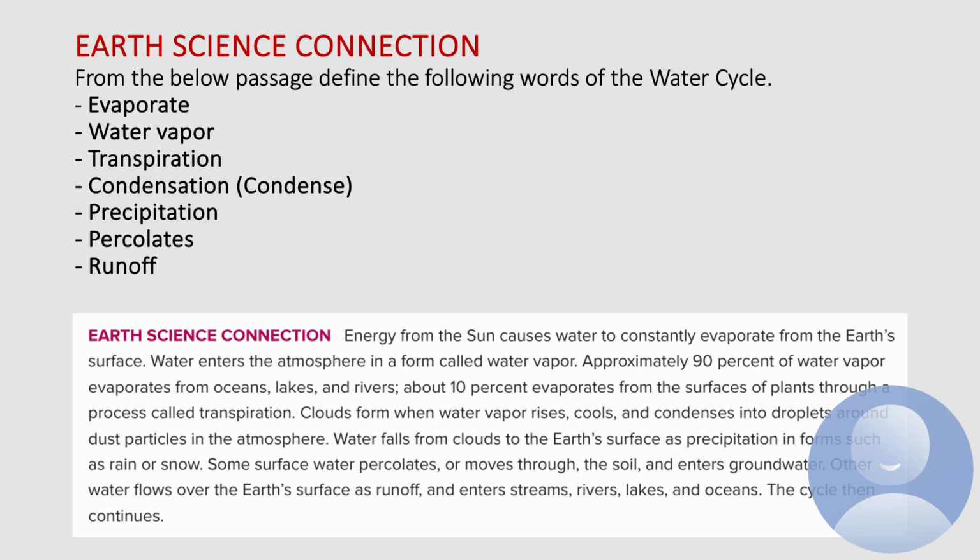So let's take a look at these terms and see if we can define them a little closer. The first one is evaporate. In this one, energy from the sun converts liquid water to gas.